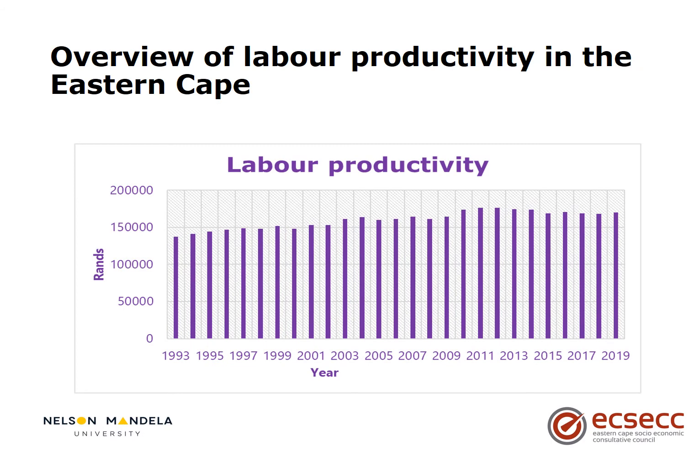Okay, looking at the overview of labor productivity in the Eastern Cape, we see that since the early 90s, there's been a bit of an upward trend in labor productivity, all the way up until 2011.